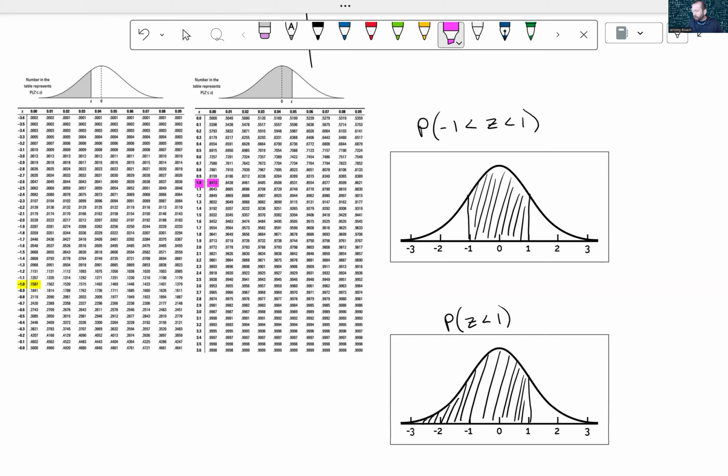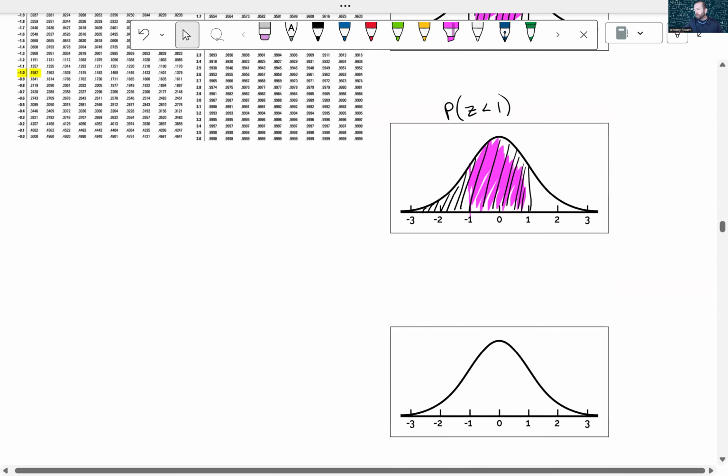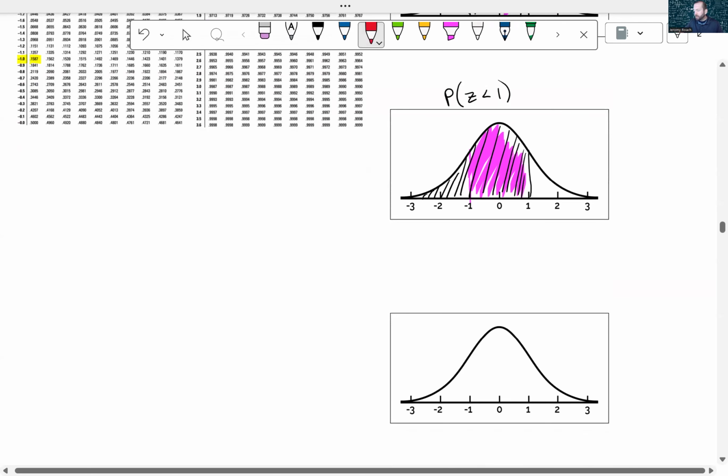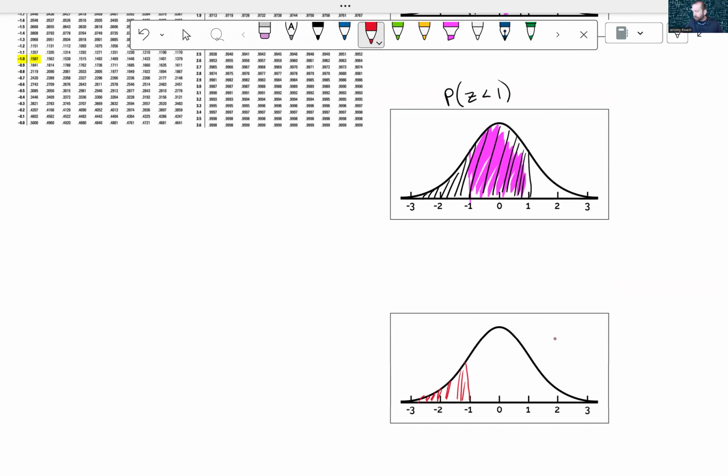We really just want this part. So what we're going to do is subtract out this part. We're going to subtract out where the probability of z is less than negative 1. That's what we're going to subtract out of this.